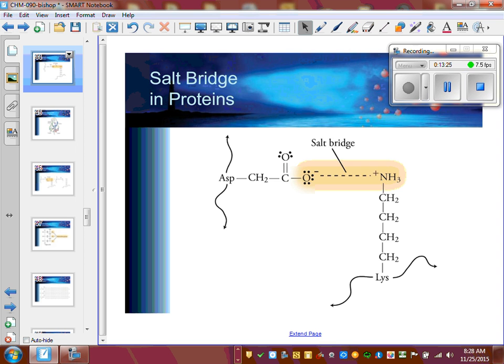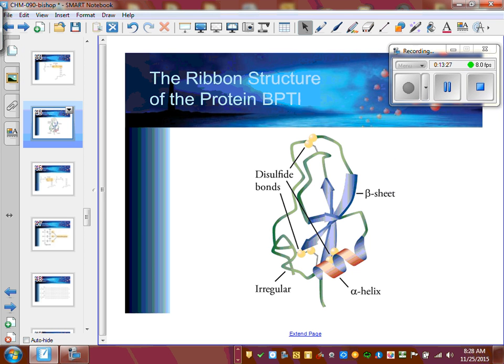So we go back and look at our protein structure, and instead of drawing out all the amino acids, you can imagine, if you're talking about 300 amino acids, how complicated that would look. So they kind of use this little cartoon thing. Where you have the two yellow balls next to each other, that's a disulfide bond.